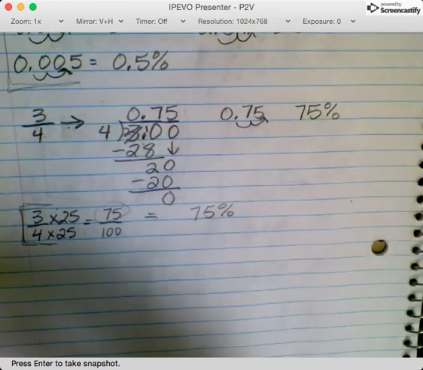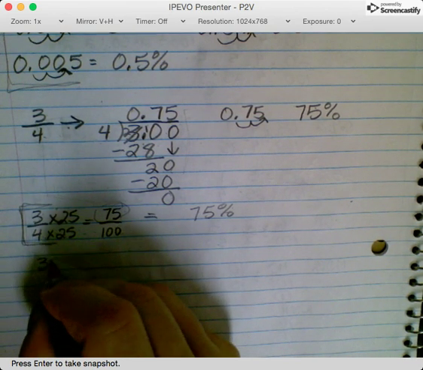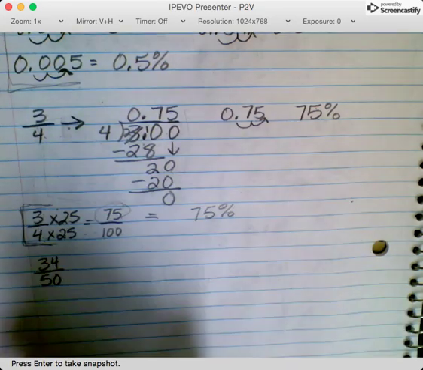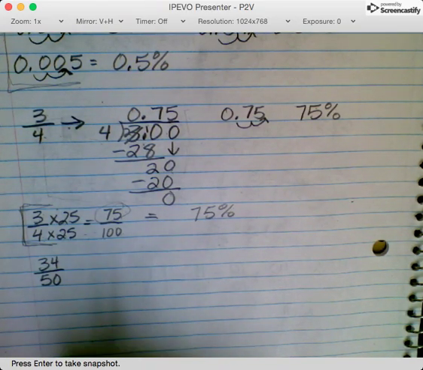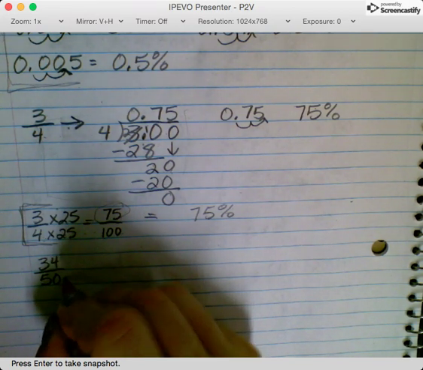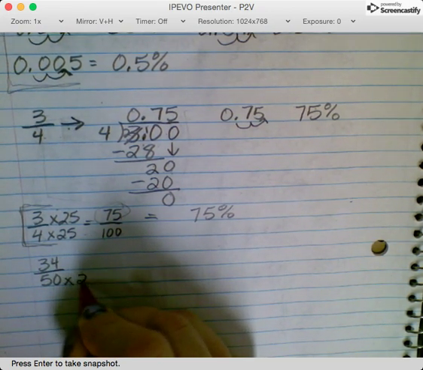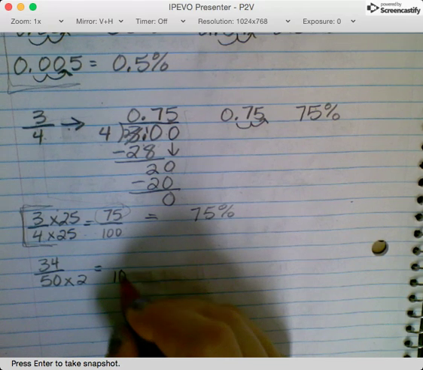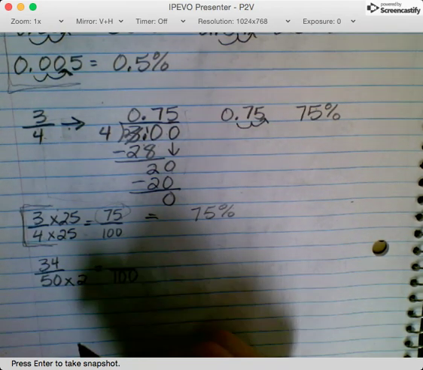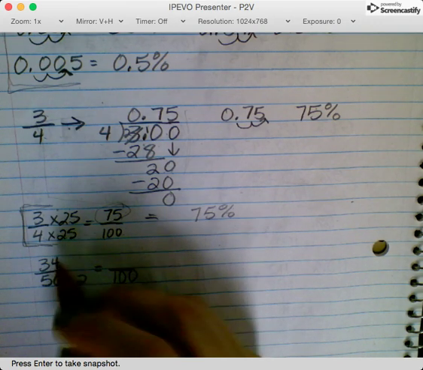Let me give you another example that would easily go into 100. So if we have 34 over 50, 50 goes into 100 by multiplying it by 2. So that's one that I can easily make into a percent using this method.